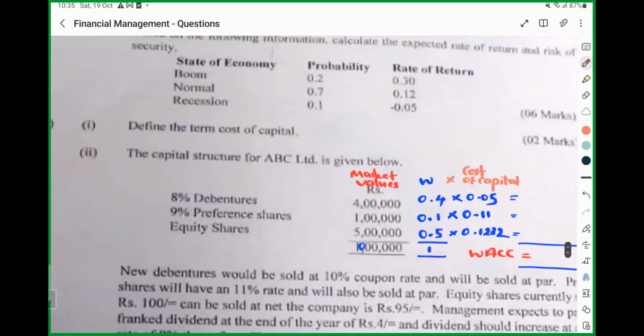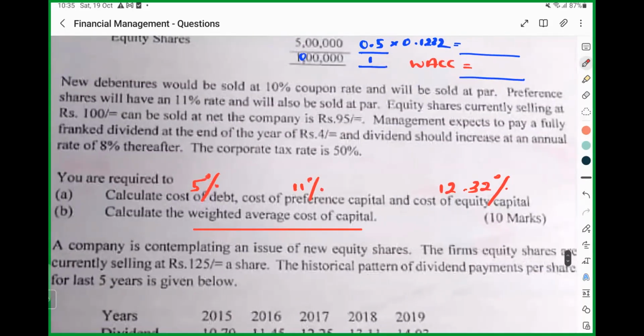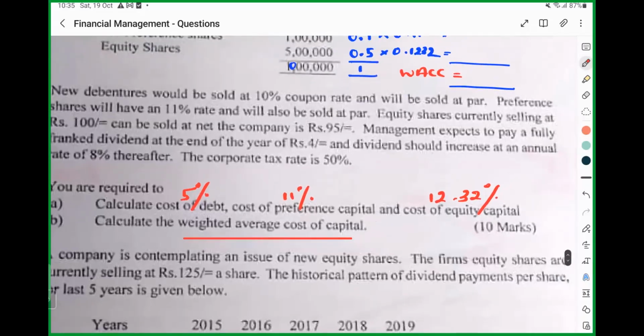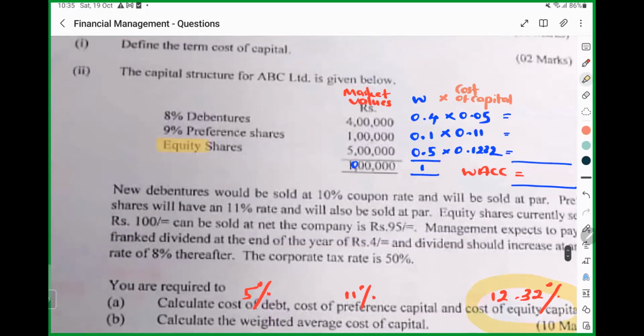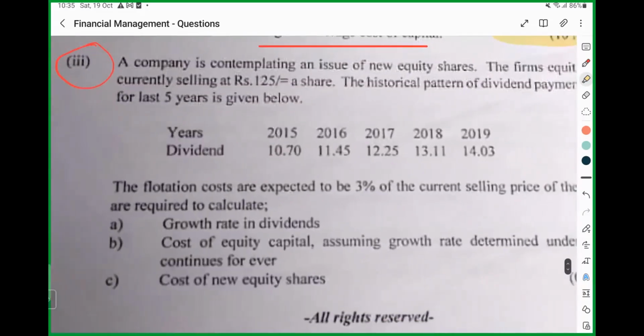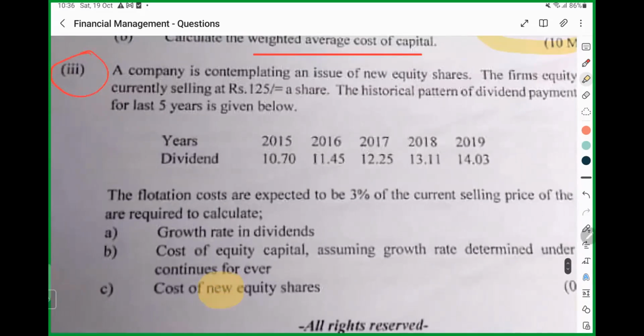In the earlier question, we got the cost of equity of existing equity shares, 12.32. The equity shares that have already been issued by the company. But here you have to get the cost of equity for new equity shares.